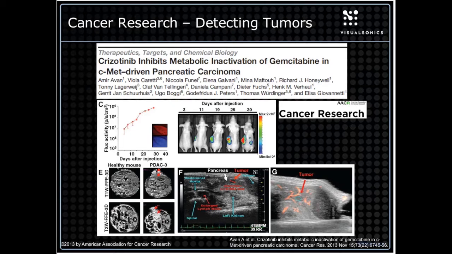And also MRI for looking at tumor invasion into the retroperitoneal space, but also the ultrasound for detecting the smallest and tiniest of tumors, and the tiniest tumor in that study that was detected had a diameter of below 900 micrometers.